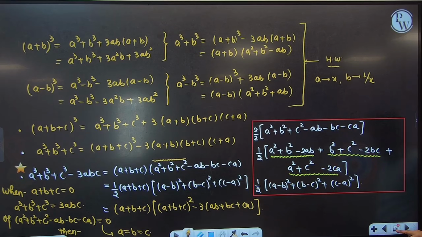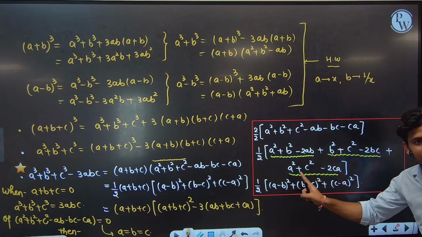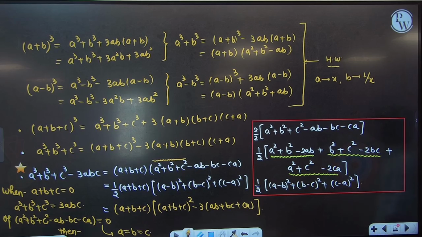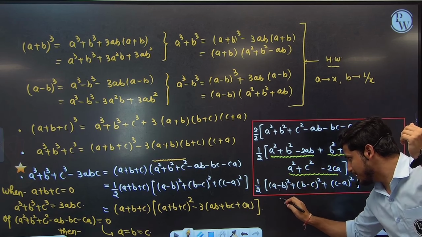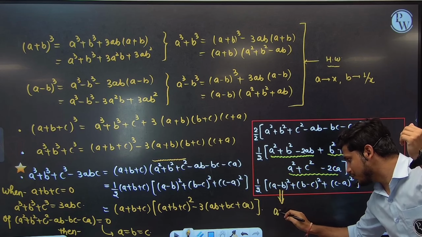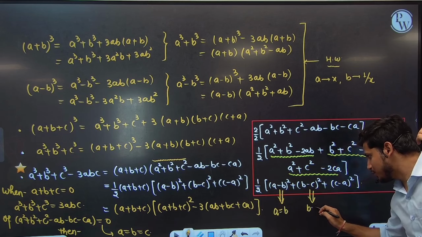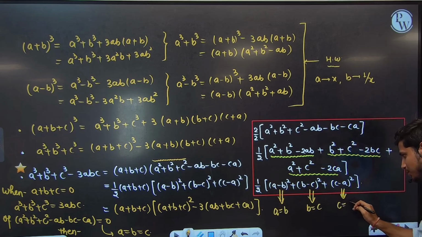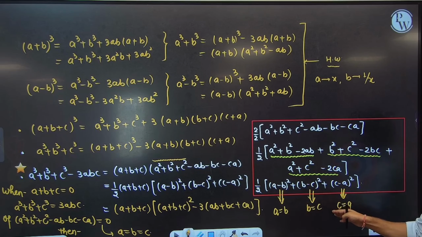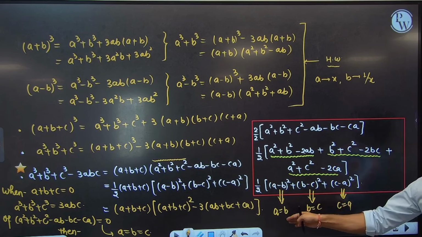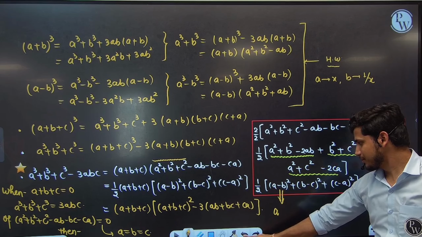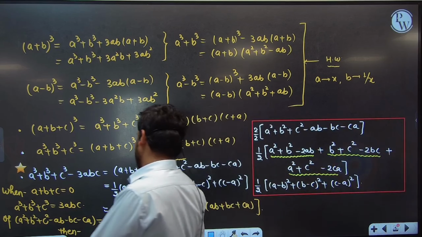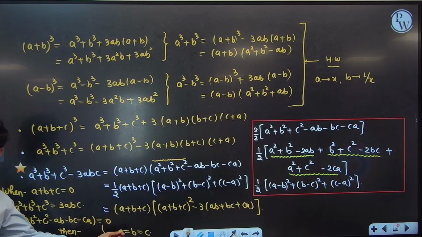So for becoming 0, this is 0, this is 0, and this is 0, and so you get here a minus b is equal to 0, then you get a is equal to b, and from here b is equal to c, and from here c is equal to a. So a is equal to b, b is equal to c, and c is equal to a. It means a is equal to b is equal to c. So if this becomes 0, then you get a is equal to b is equal to c.